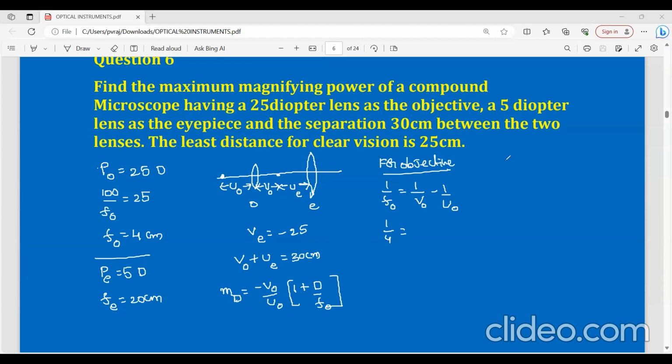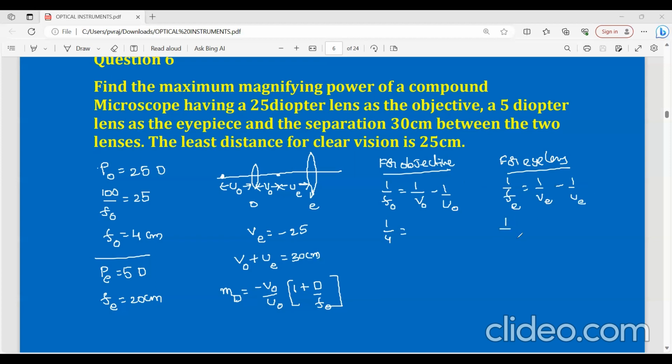So first I will go through the calculation for the eye lens only. Later on I will solve this. For the eye lens, the same formula you can write: 1 by FE equal to 1 by VE minus 1 by UE.